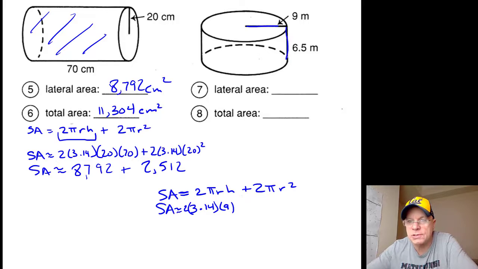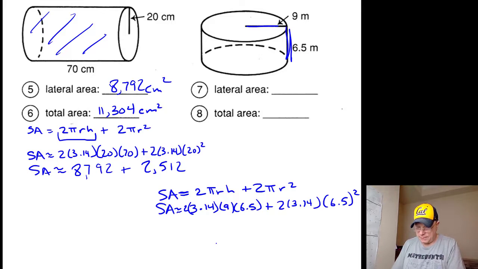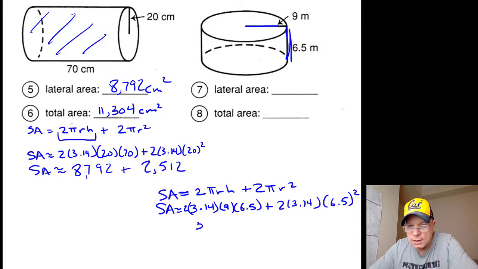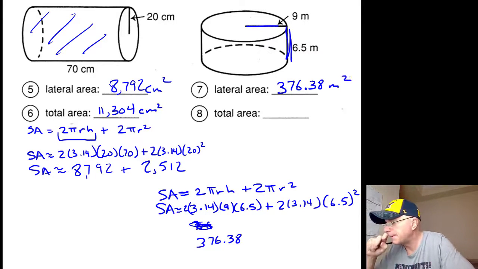The height of this cylinder is 6.5, perpendicular distance between the bases, plus 2 times 3.14 times 6.5 squared. This would be 6.28 times 9 times 6.5. That's 376.38. That is my lateral area, 376 and 38/100 meters squared.